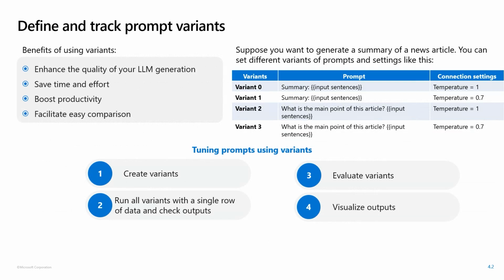Make sure you know how to create multiple variants of your prompt to explore different configurations. Run the variants. Run all the variants in a single row of data and remember to check the outputs. Then evaluate and visualize your variants. Visualize the results to easily compare the effectiveness of each variant.